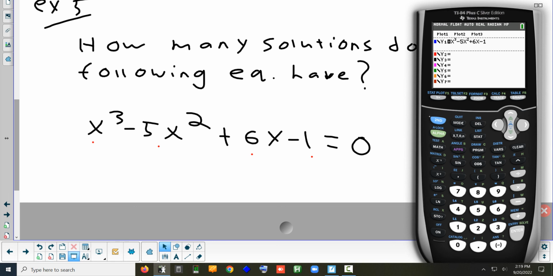You have to distribute it. So the only time you do the distributive property is if you see parentheses. Since there are no parentheses in here, there's nothing to distribute. It's not like the first one we did where you had 3 sets of parentheses and we had to distribute. So this one we're using the calculator.